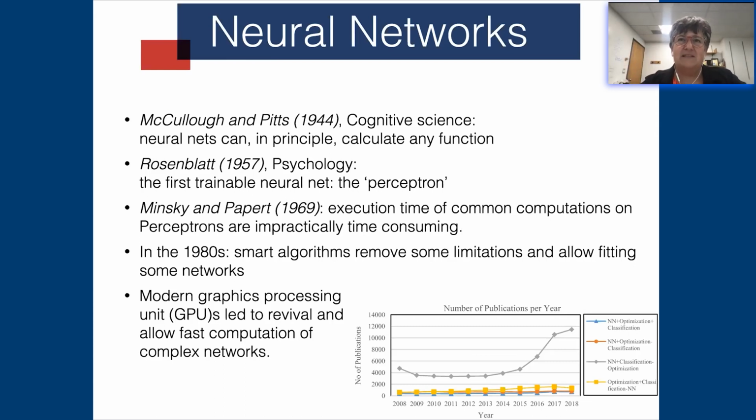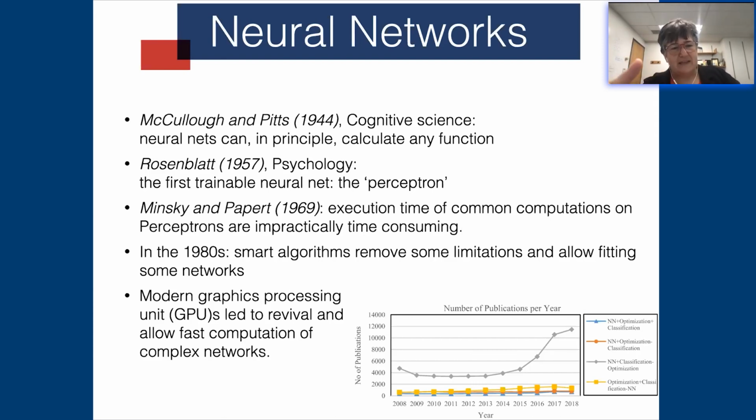So neural networks have always had this idea of trying to explain how we process information, how we can come up with results, because we get input and we can come to conclusions. So McCullough and Pitts showed that neural nets can, in principle, calculate any kind of function.